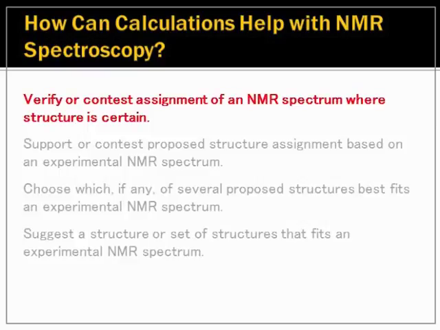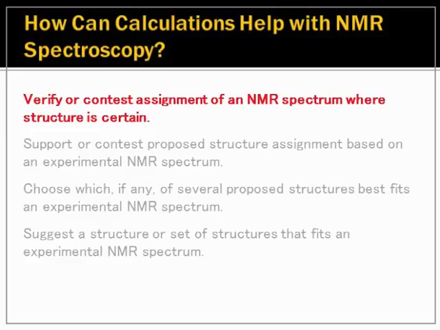The simplest and probably most common, but not most important, is that you can take a spectrum where you know what the structure is. There's no certainty, and you can assign it. You can assign this absorption goes to this carbon, or hydrogen for that matter.